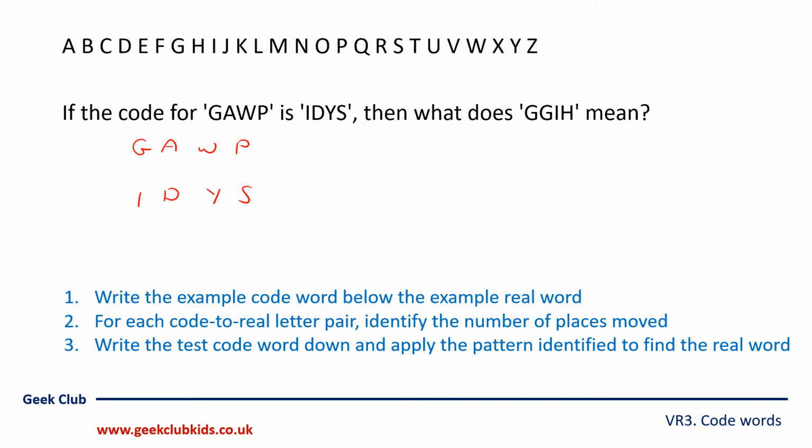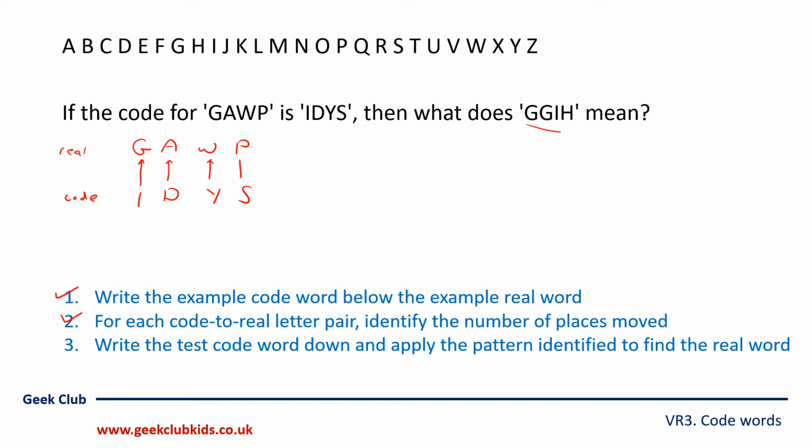Okay, and again, we're going to try and identify the pattern of the number of places moved between the real word and the code word. But I'm going to do it slightly differently this time. Because now we want to go from a code word to a real word, instead of drawing the arrows downwards, I'm going to go up from the code word to the real word.